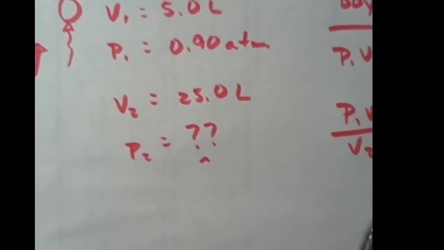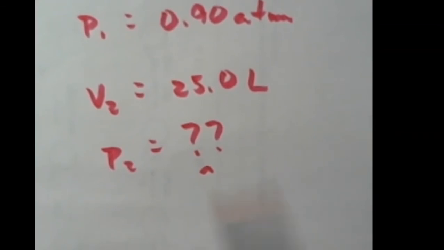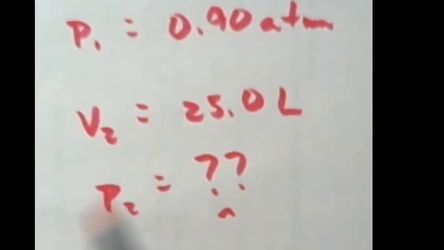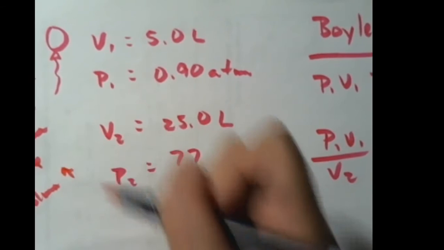But before we do that, I'm going to keep on saying this over and over again until we get this. Remember that when altitude increases, pressure is going to decrease, and volume, because it's the opposite, is going to increase.